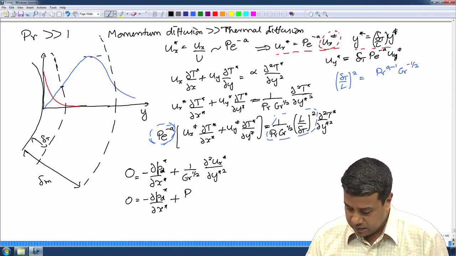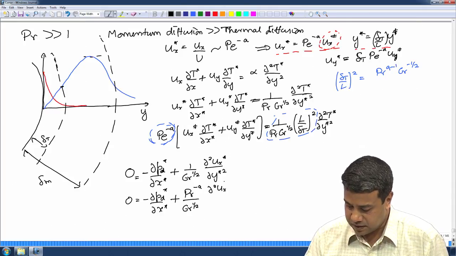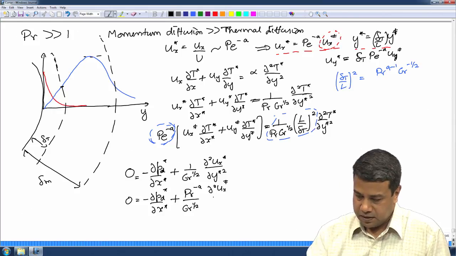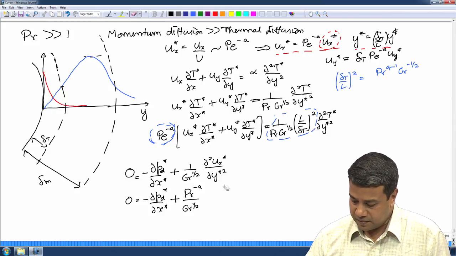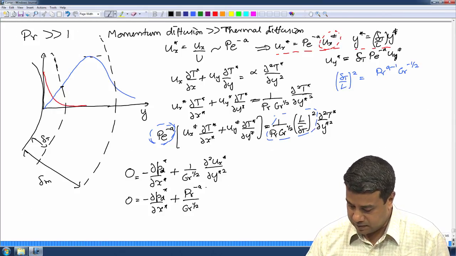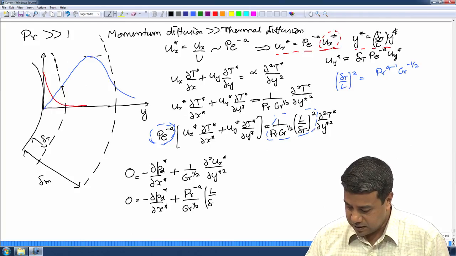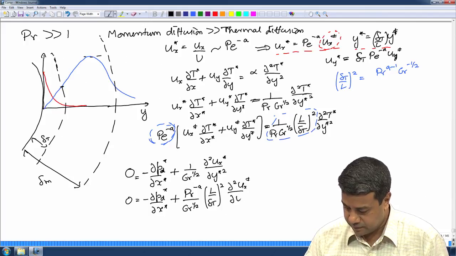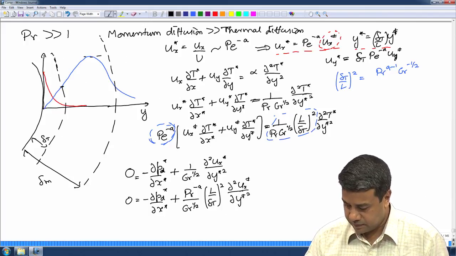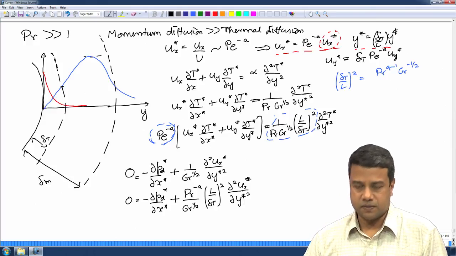I have Pr to the power minus a divided by Gr to the half, partial square ux. And I should also have a factor of L by delta t the whole square, because the boundary layer thickness is scaled by L by delta t. I have to scale the velocity differently within the boundary layer thickness.